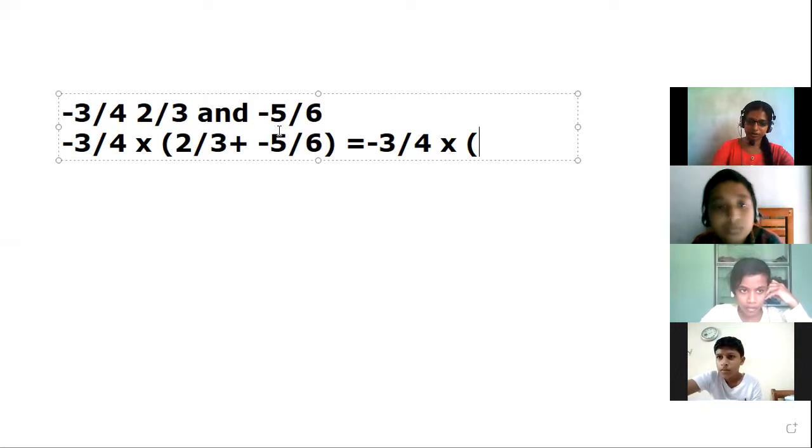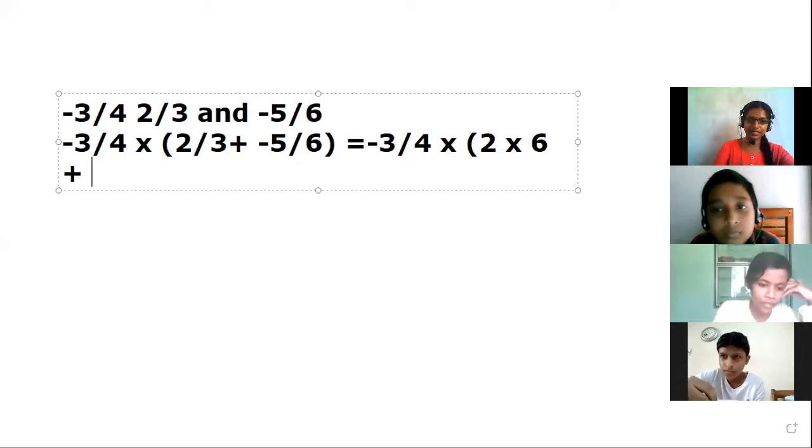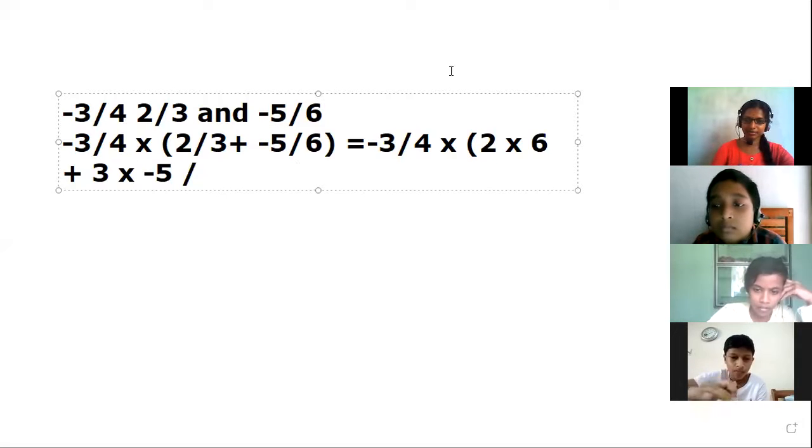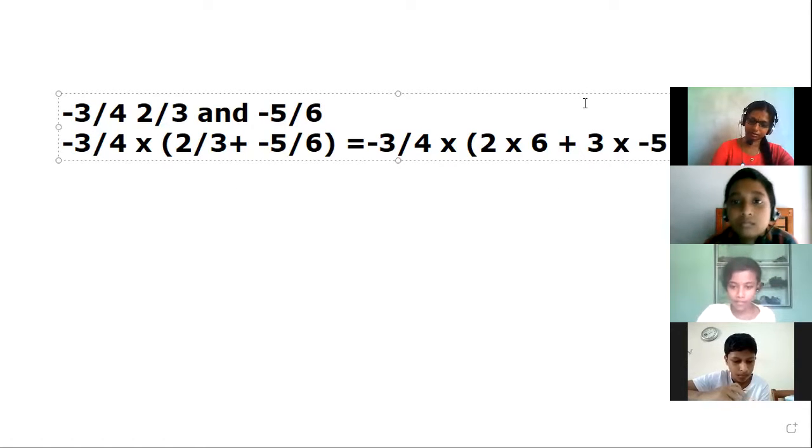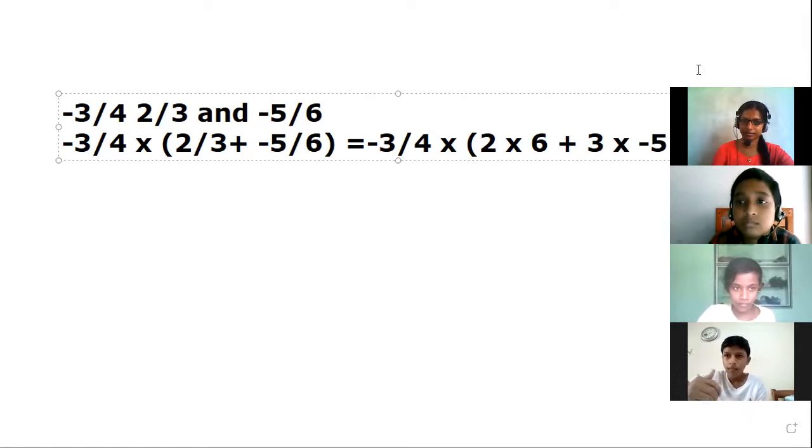That is, the first one is 2 into 6 plus the second one is 3 into minus 5. And the denominator is 3 into 6, that is 18. Clear?